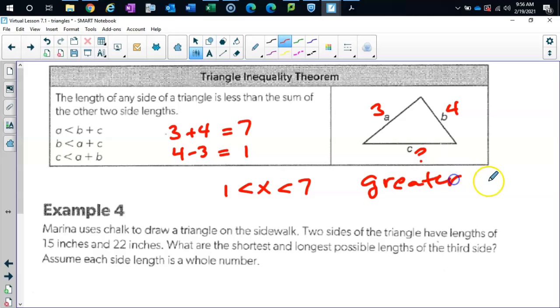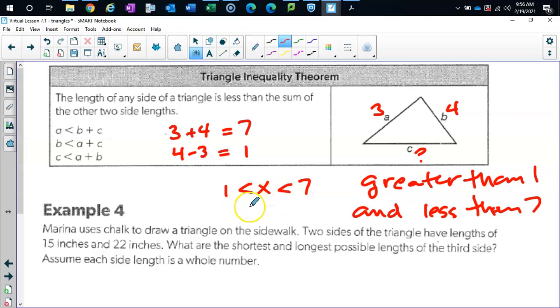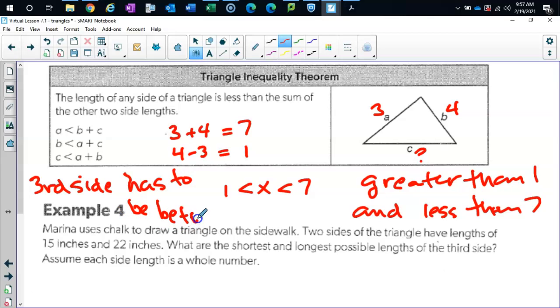Watch how I said that. Greater than 1 and less than 7. Or another way you can say this, and guys, you should be writing this down, the third side has to be between 1 and 7.